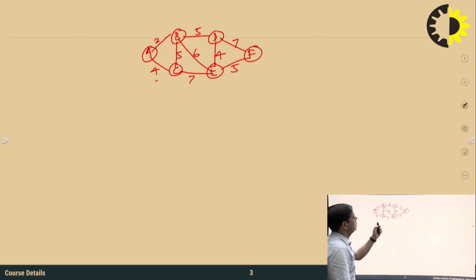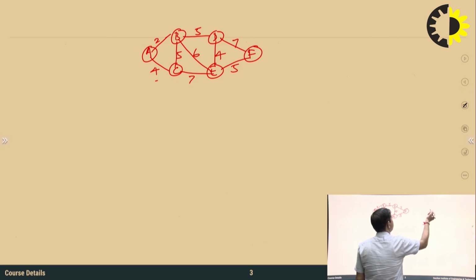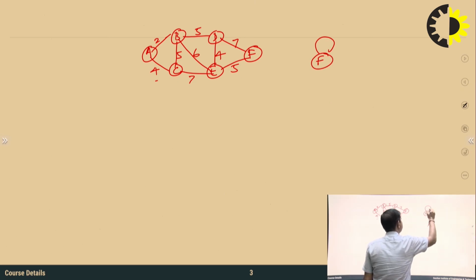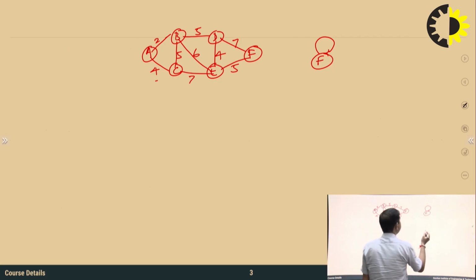But before that, we should keep in mind there should not be any self loop in the given graph. What is the meaning of self loop? If a node, for example F, has an edge like this, that is called a self loop. That means the starting and ending point are the same. Plus, it should not contain any parallel edge.